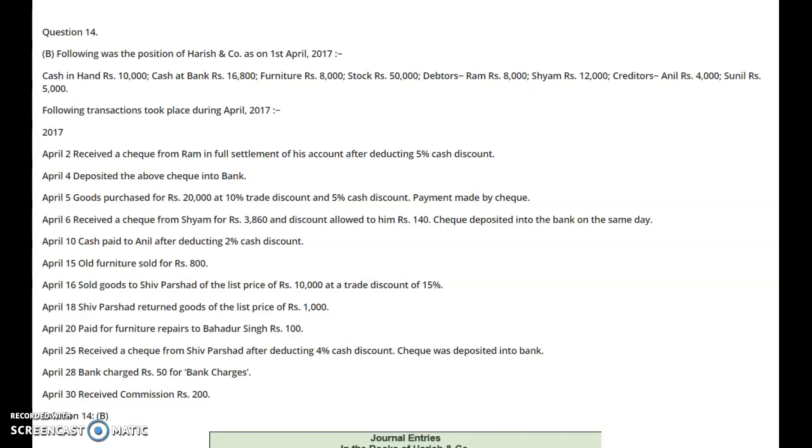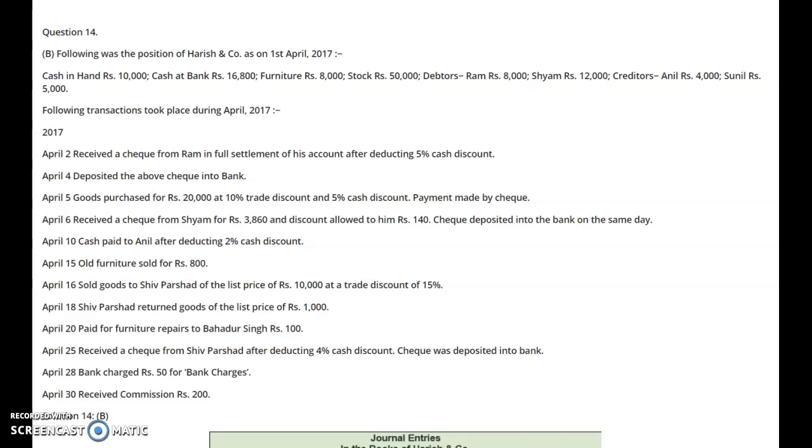First of all, we must know what the opening entry is. Opening entry is that entry which is recorded in order to bring forward the previous year balances. As you know, at the end of the previous year, the personal and the real accounts may show some closing balances.